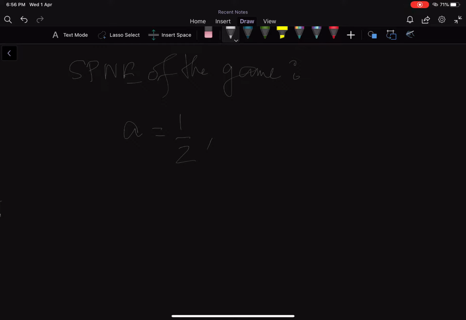So for each A, player 2 has to make a choice whether to stay in or exit, and so player 2's strategy will be a function of A. It is to exit if A is bigger than or equal to half, and this equal to is important, and to stay if A is strictly less than half.